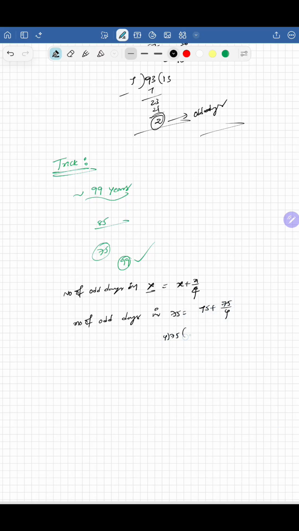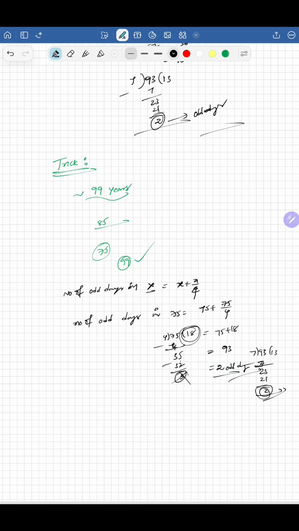Easy, right? 75 by 4 is 18, so 75 plus 18 is 93. If you divide 93 by 7, now you bother the remainder. So 2 odd days.